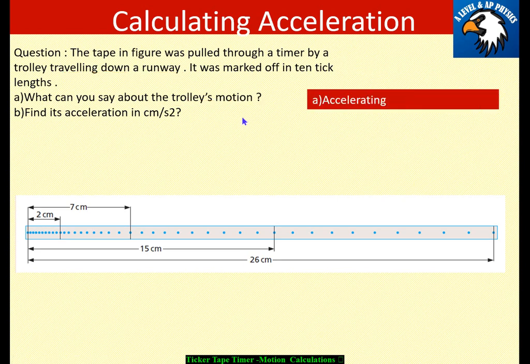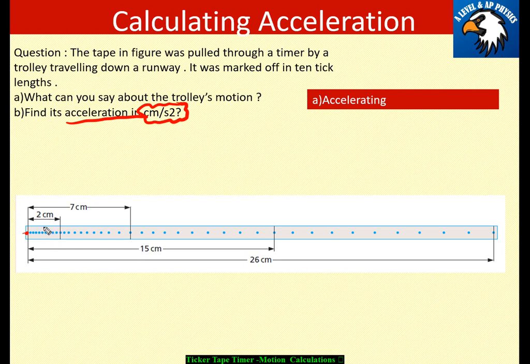Now, next, we need to calculate acceleration, and our answer has to be in centimeters per second per second. So how can we calculate acceleration? Now, this is the ticker tape timer tape. The object is starting from here. Displacement is given to us and we can also count the number of ticks.